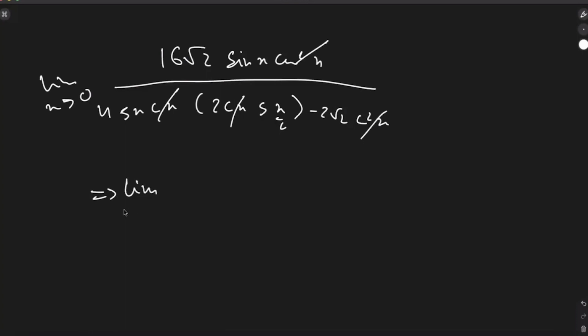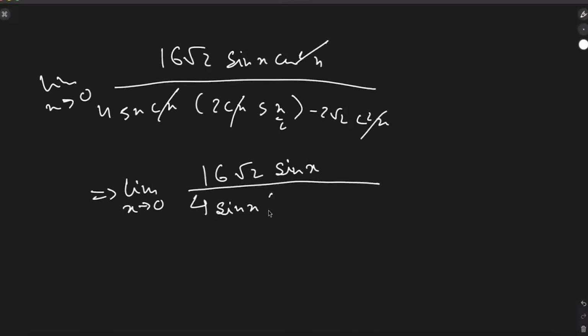I'll write it clearly this time for you. I'm sorry for the diagram. 16 under root 2 sine x, whole divided by 4 sine x into sine x upon 2 minus 2 under root 2.